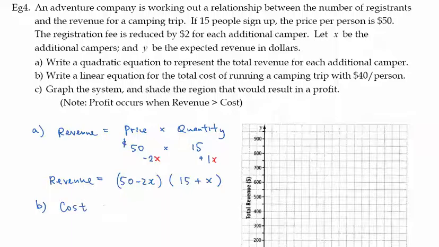The cost works very similar to revenue, but instead of having price times quantity, we are going to have 40 times the number of people. How many people are we getting? How many people are joining the trip?